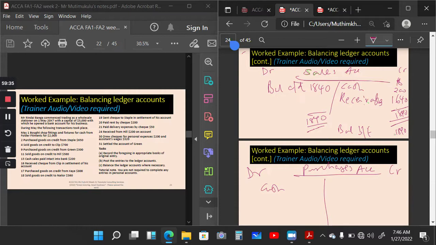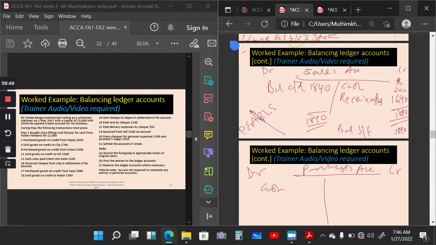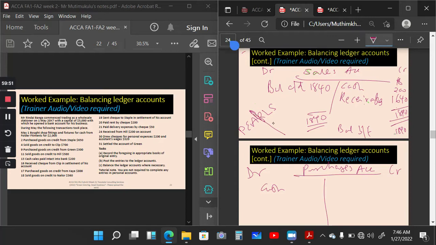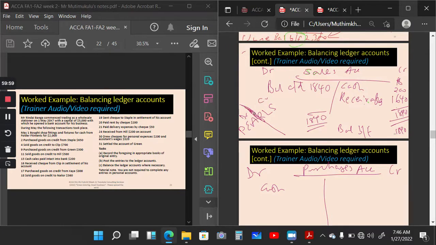If you go to the PAILS acronym, this is a demarcation here between A and R. These ones are debits, these ones are credits. This is a line demarcating them.